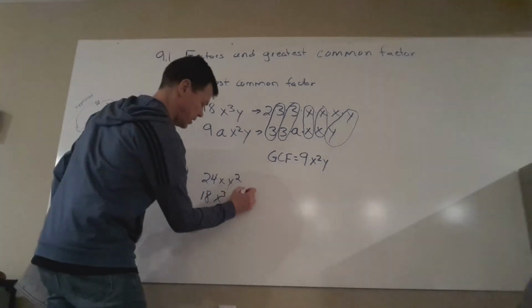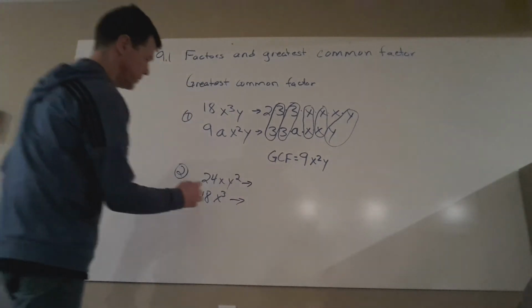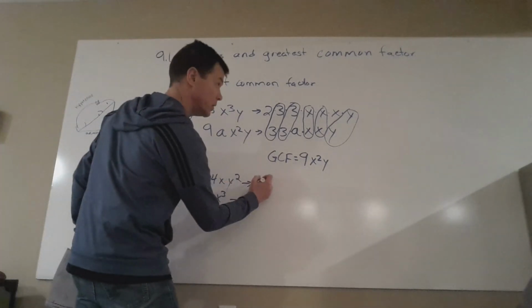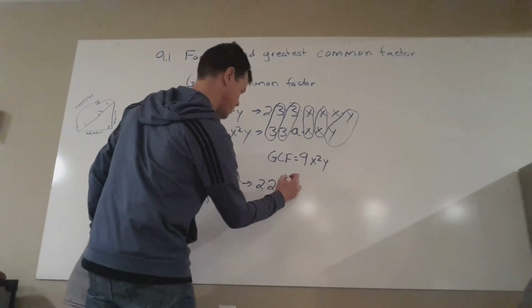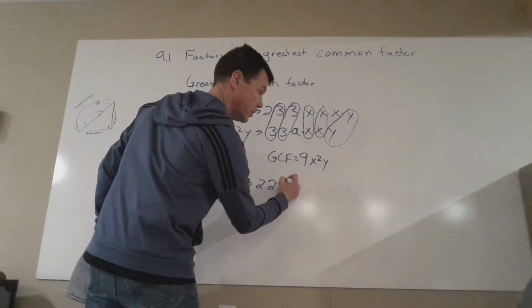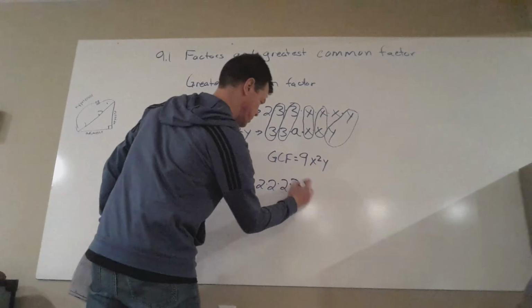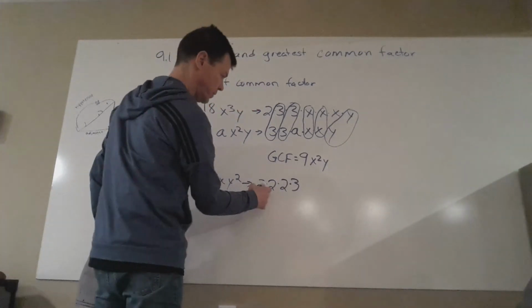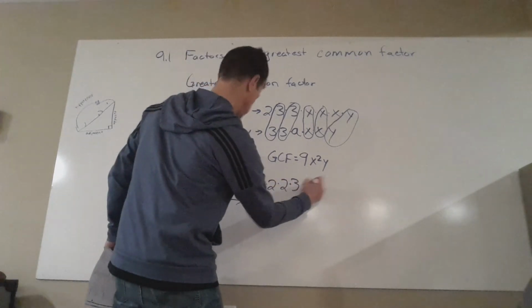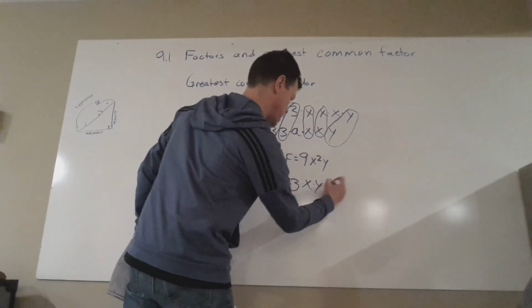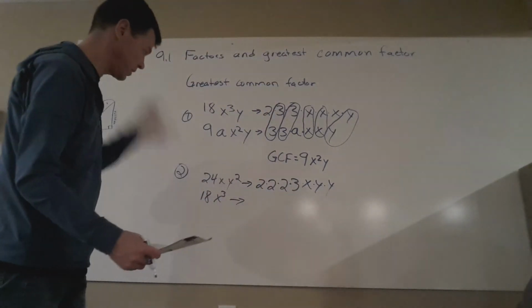Then for our greatest common factor, I'm going to list the factors for these. 24: 2 times 2 is 4, 4 times 2 is 8, 8 times 3 is 24. Times x times y times y. This is factored completely, 24xy squared.